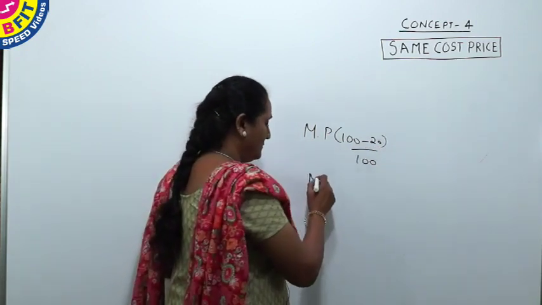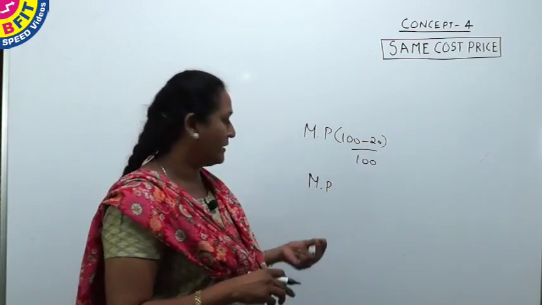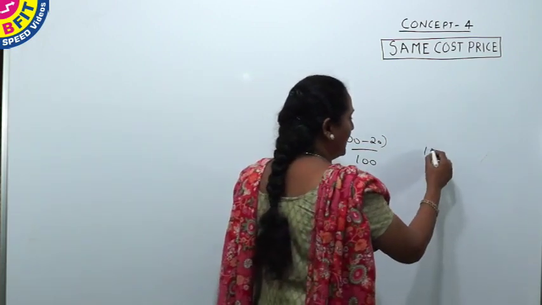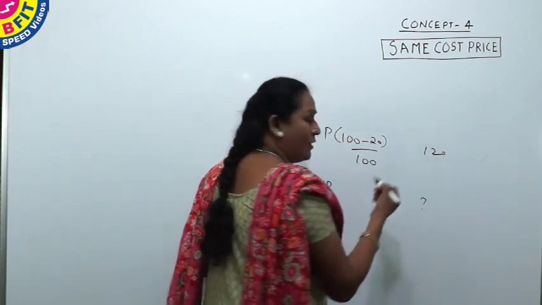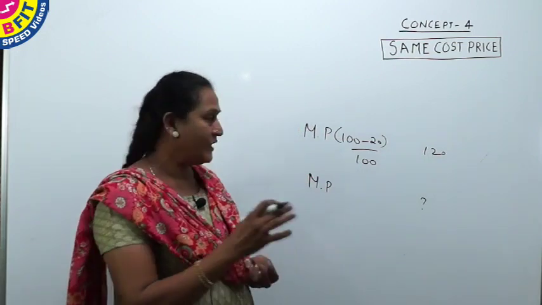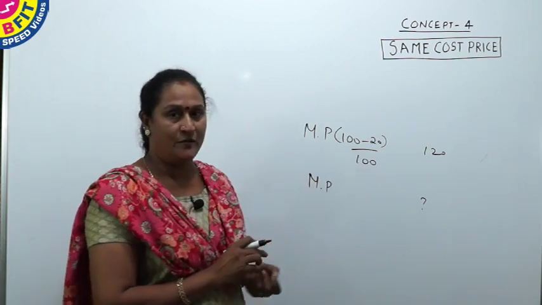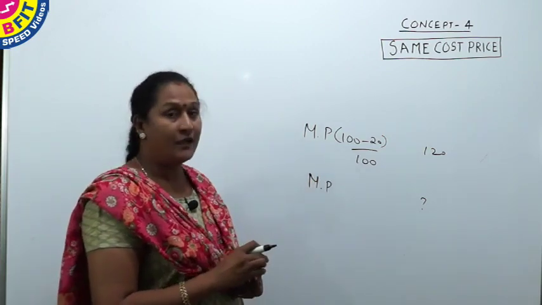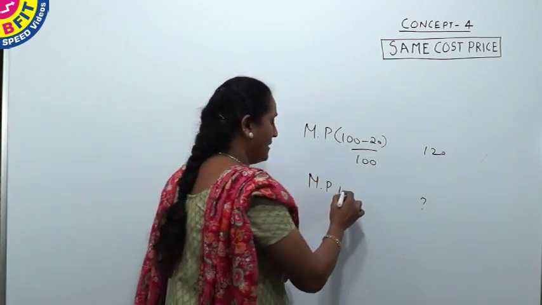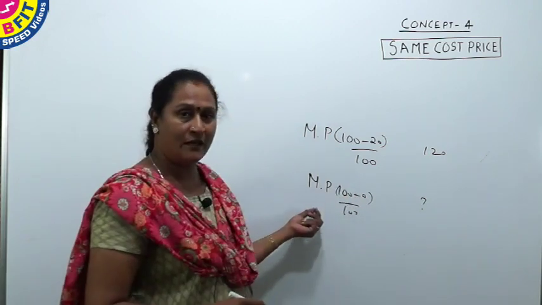And if he sells without any discount, that means he is selling the article for the same mark price. In this he gets 20% profit. What is the profit percent for this? Instead of taking all this, we can assume that the article is sold for 80 rupees, that is 100 minus 20, and here no discount is given, so it is sold for the same mark price.